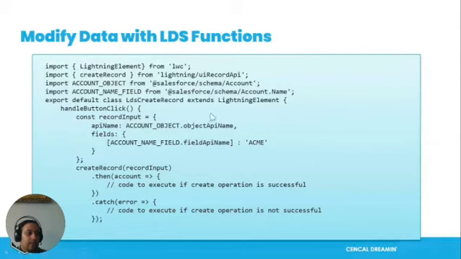So this is our code. You can use it. You can take a screenshot. We are calling LWC. We are using the UI record API. We are using the schema of account. We are working with this field, account name. After that, we have the method record input.